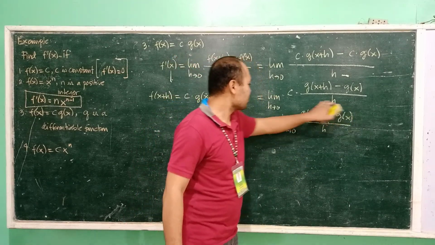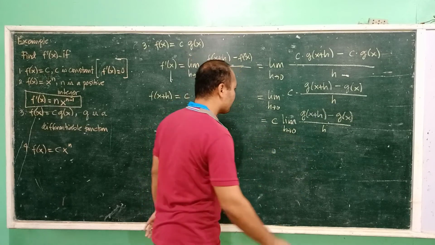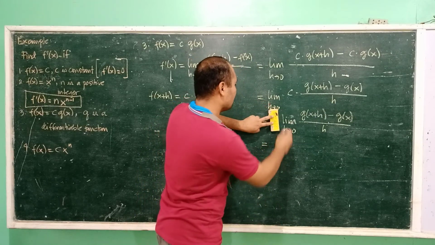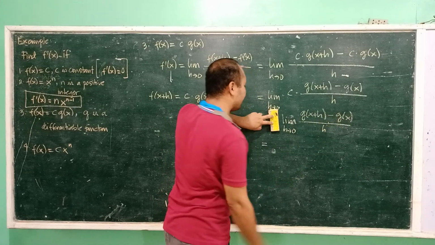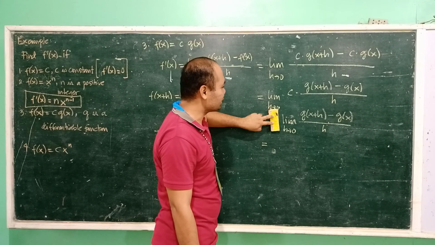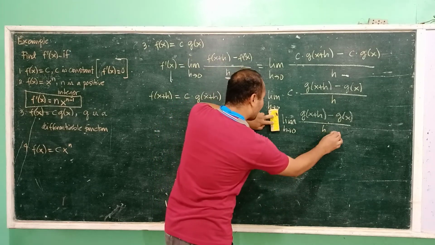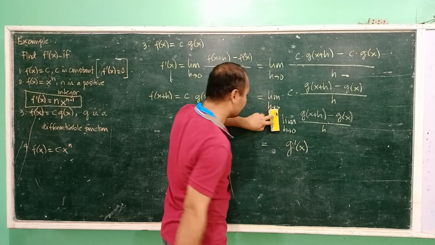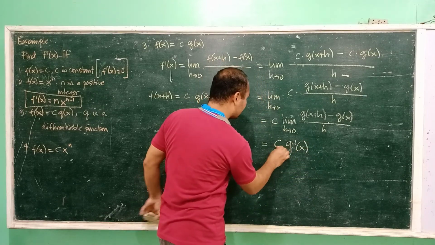Now, how do you see this part without c? How do you write this in a shorter version? That whole expression is just equal to g prime of x. So we have a c here.